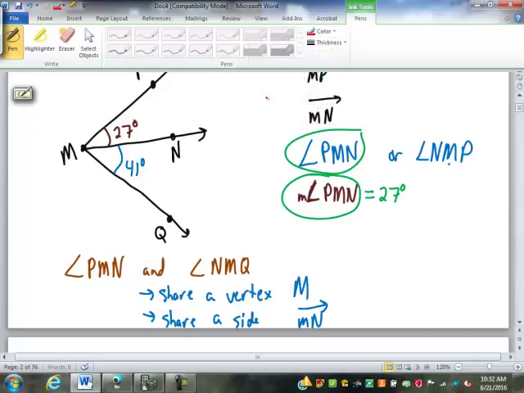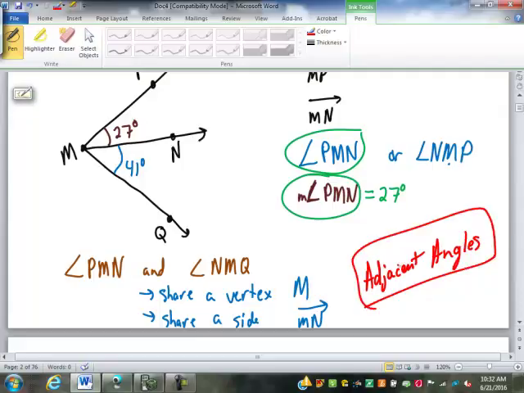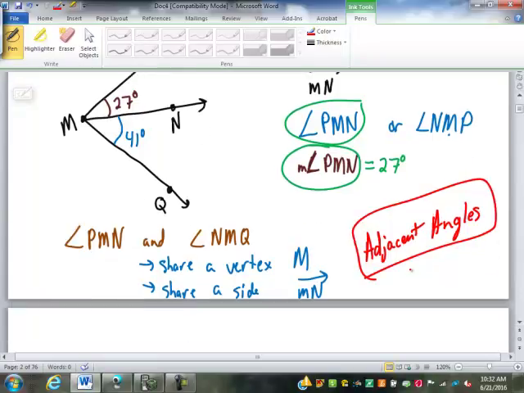Any two angles that meet those two qualifications, they share a vertex and they share a side, are what we call adjacent angles. The reason adjacent angles are so important is when we have adjacent angles, our algebraic properties apply to them. They're additive, subtractive, and so on.